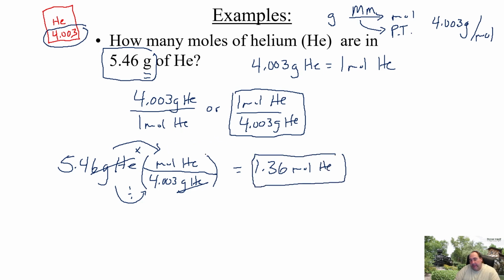Really, on your calculator, you got something like 1.363977017. Significant figure wise, the 1 mole is really an exact number, so do not need to worry about it. Coming back to our original number here, that is 3 significant figures, which is why we end up here at 3 significant figures. So hopefully you got that.